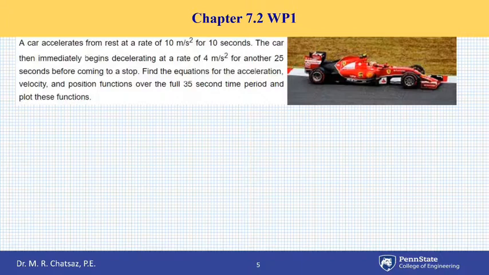So let's look at two phases of motion. Phase 1 acceleration is 10 meters per second squared. So if I graph this, and let's say this is A versus t, acceleration as a function of time.